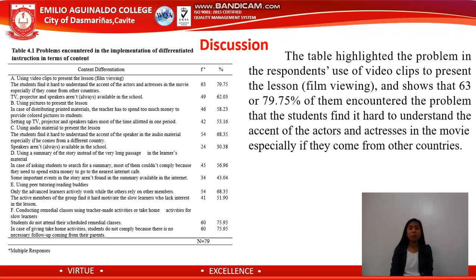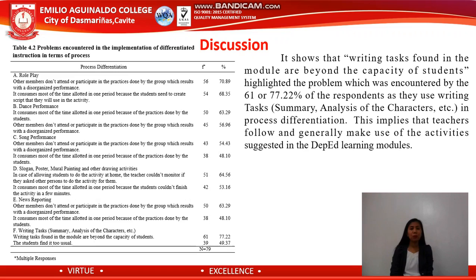Table 4.1, problems encountered for content differentiation. The table highlighted the problem in the respondents' use of video clips to present the lesson, or what we call film viewing. Table 4.2, problems encountered in the implementation of differentiated instruction in terms of process.